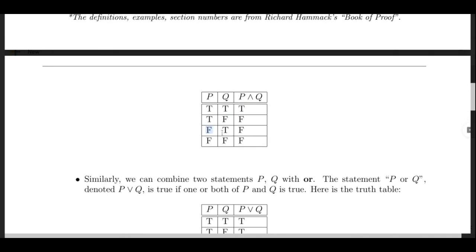If P is false, Q is true, then P and Q is also false. If both are false, then P and Q is false. So only when both are true is the and statement true. If either one is false or both are false, then the and is false.